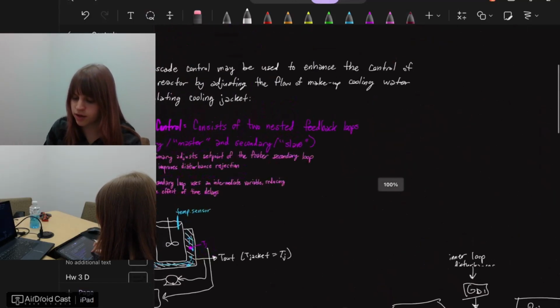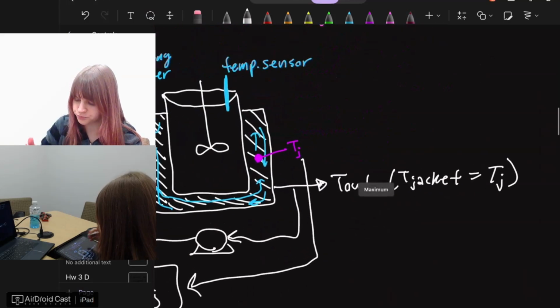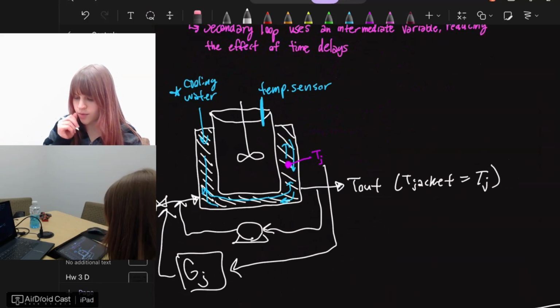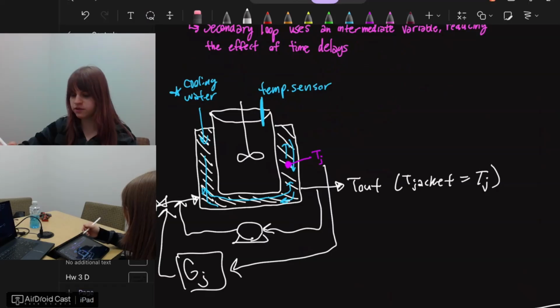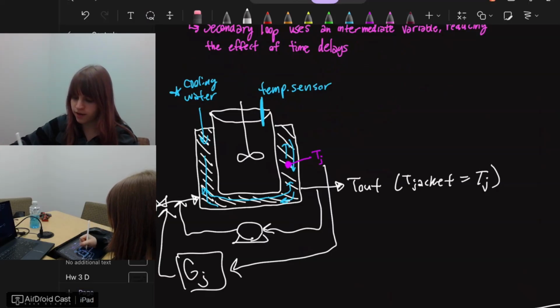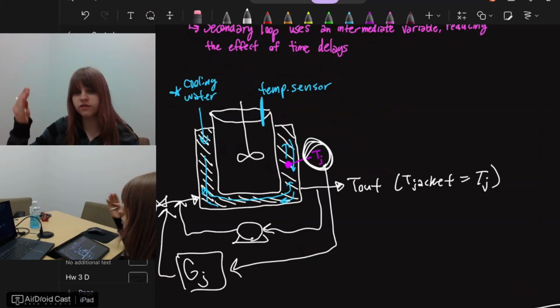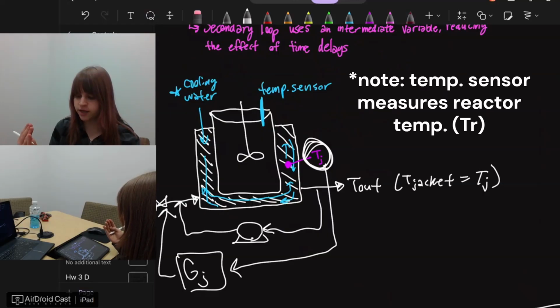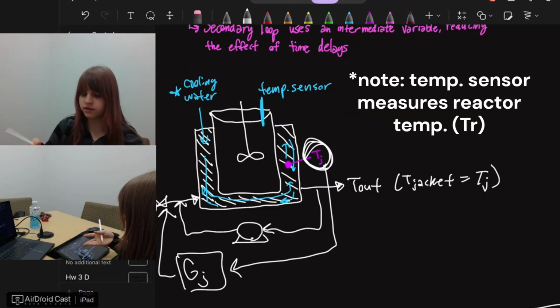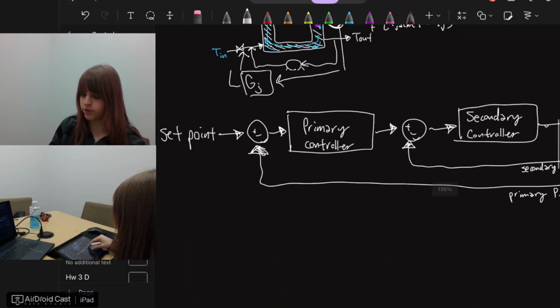So I think in my picture up here, basically what we can see from this is if we're looking at the temperature in this cooling jacket, that's a faster turnaround time to get that temperature than this temperature sensor at the top. That might be a little bit slower.